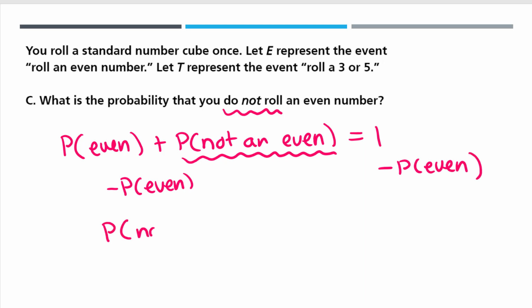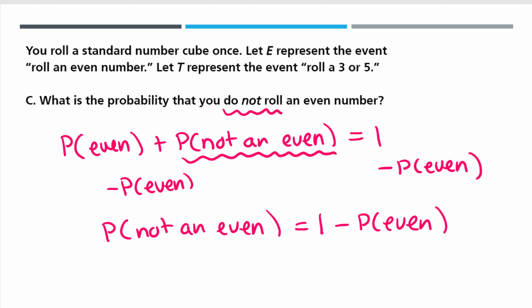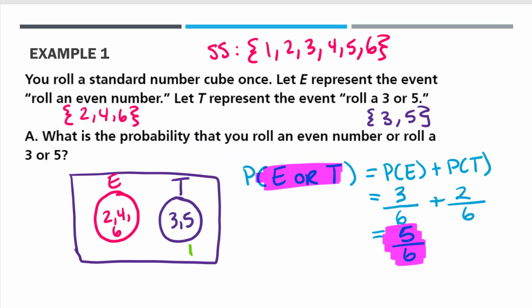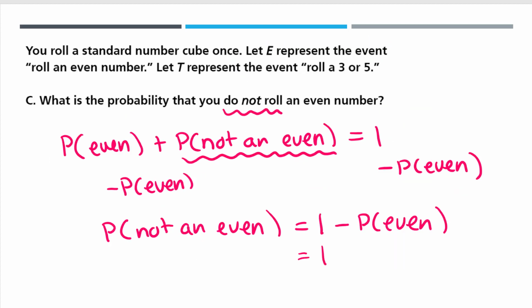So the probability that it's not an even is equal to 1 minus the probability that it is an even. And we already found the probability of it being an even. The probability of it being even is 3 outcomes out of a possible 6. So we simplify this. We can make 1 into 6 over 6. So that simplifies to be 1/2.